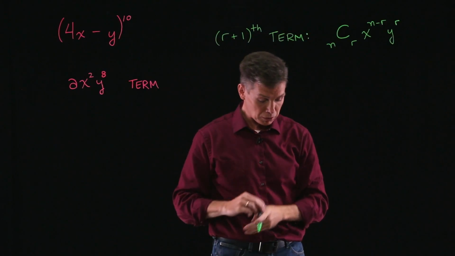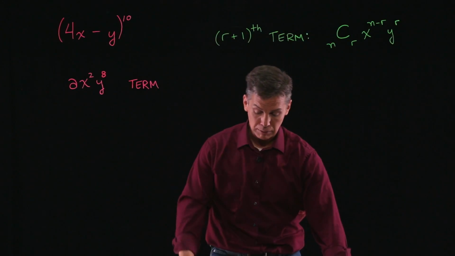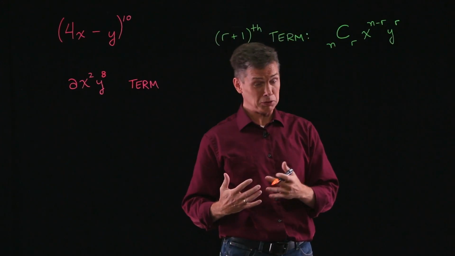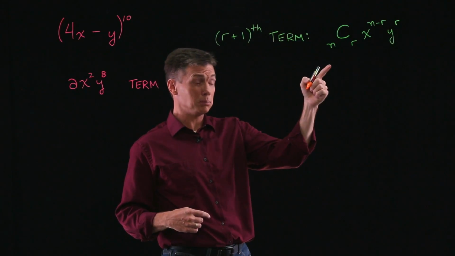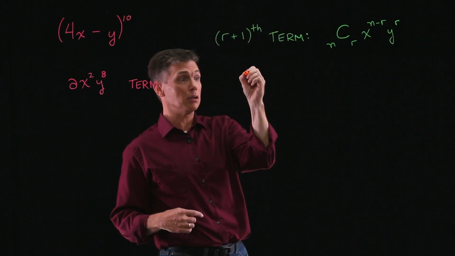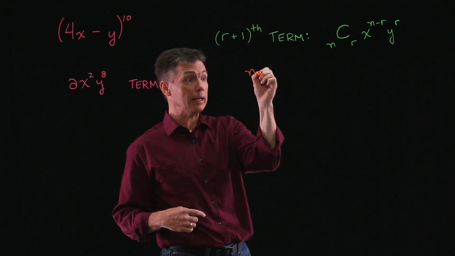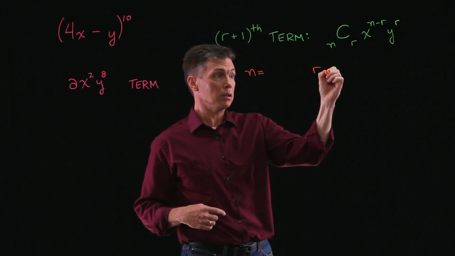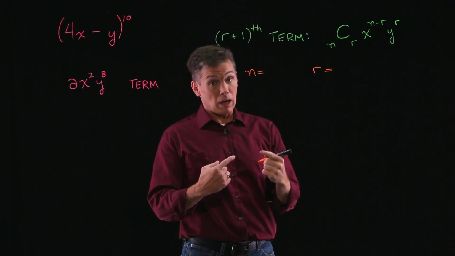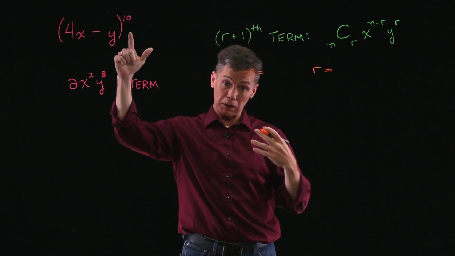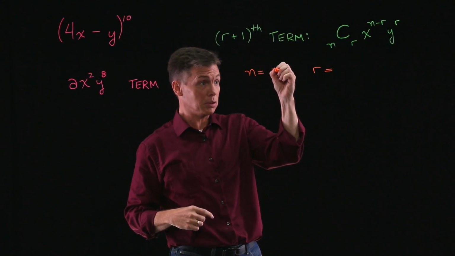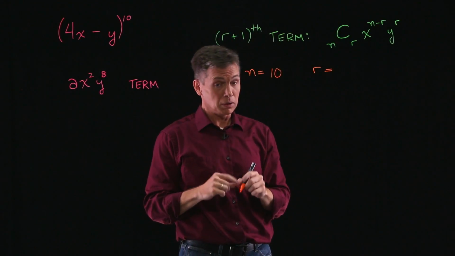All right. Next, what I would do is kind of a little bit of an inventory step. Let's make sure we know exactly what each of those little pieces of the puzzle are in our problem. So I want to know what n is. I want to know what r is. And n will always end up being the exponent that you're raising the binomial to. So 10 for us.